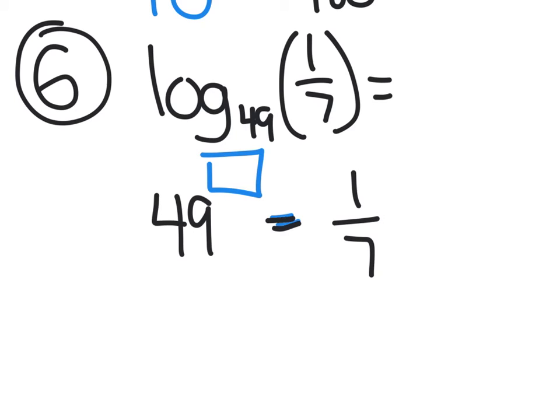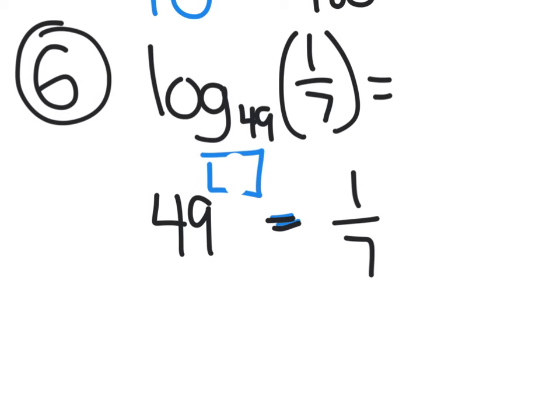If you think about 49 to the 1, that's 49, that's way too big. And 49 to the 0 is 1, which is still too big. We need to think of some way to make the 49 turn into at least a 7. You should be thinking, oh, 49 and 7, the square root of 49 is 7, right?